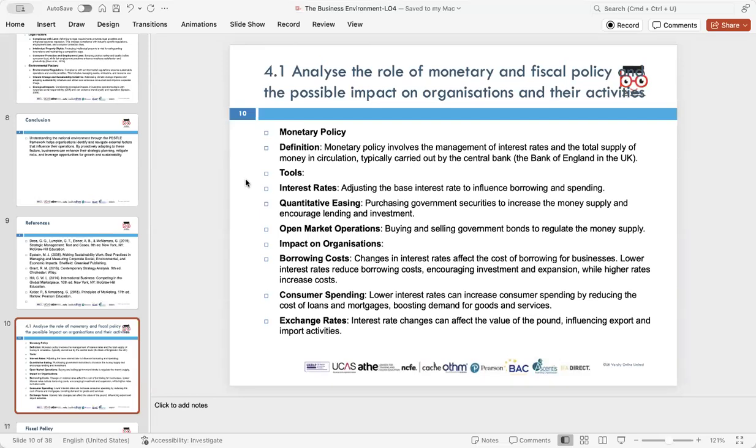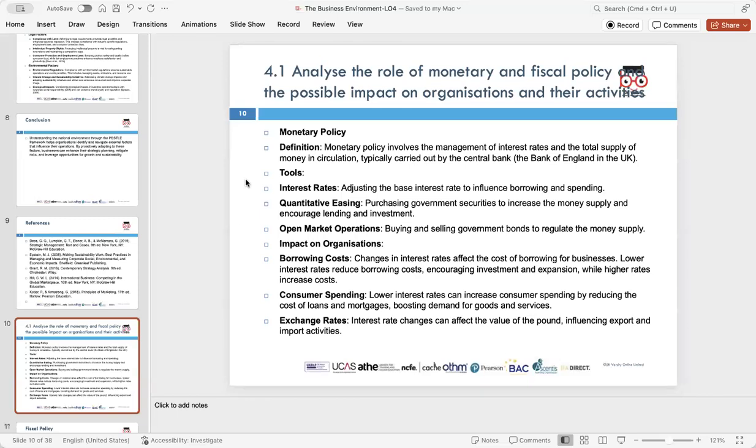Quantitative easing involves the central bank purchasing government securities to increase the money supply and encourage lending and investment. This tool is often used during periods of low inflation and economic stagnation to stimulate economic activity.